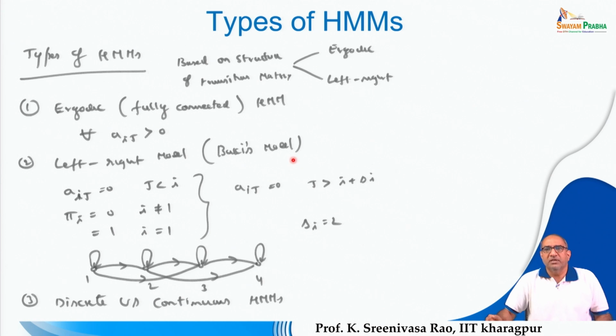As I mentioned in the case of speech production, the states of the HMM are nothing but vocal tract shapes, and the vocal tract takes different shapes in a systematic way. For example, for the production of the vowel a, the vocal tract starts from a narrow state, then opens and keeps increasing until it reaches the maximum opening state.